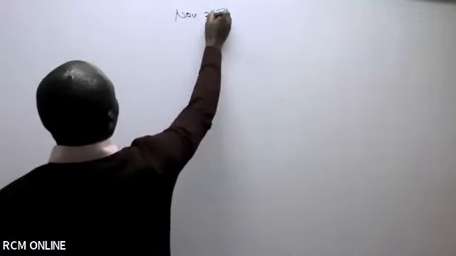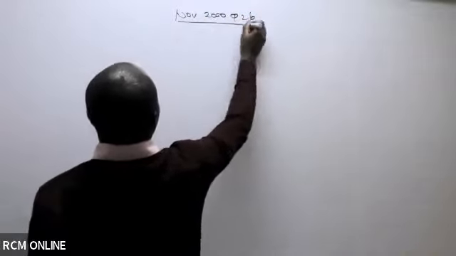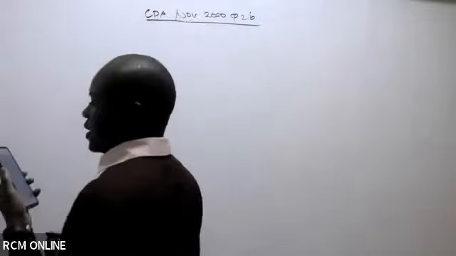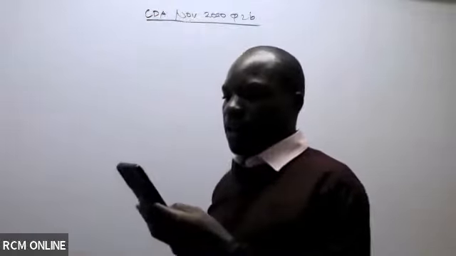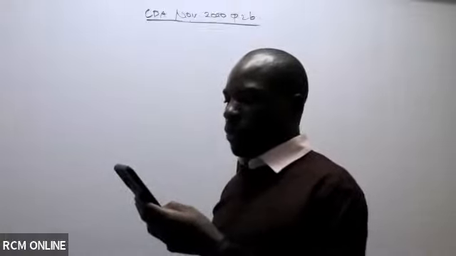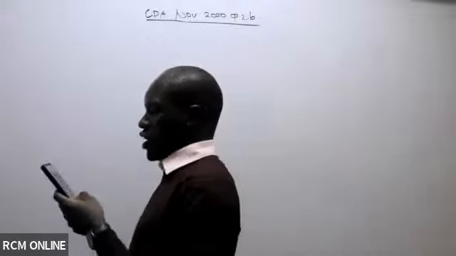So without taking much time, let's check the first one very fast. Talking about the CPA, let's start with the piece rate. Here, we are dealing with 3 people: Amboga, Banyala, and Charlie.